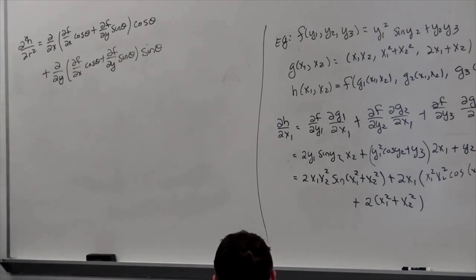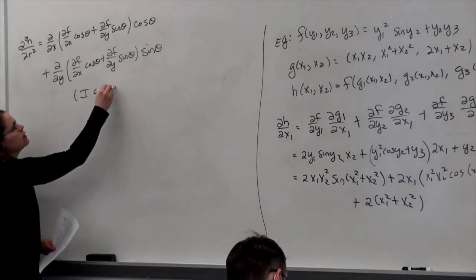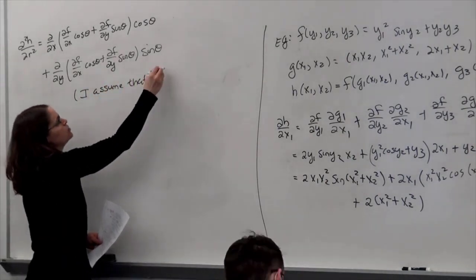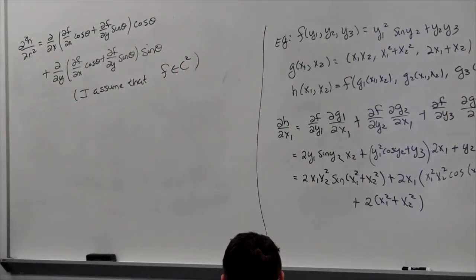I guess if I'm going to do this, the second derivatives of f should exist because they've popped up here. So I assume that in order to do this, f is C2. It has continuous second derivatives.